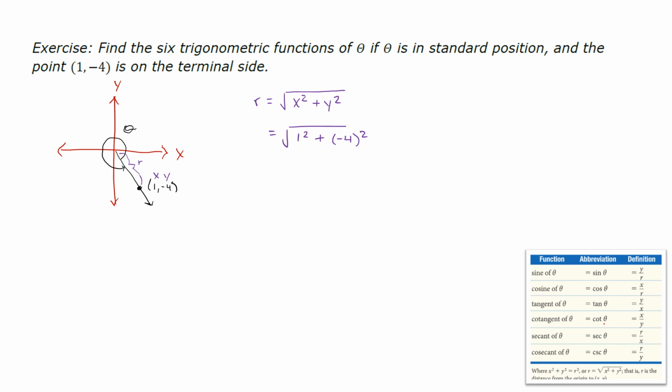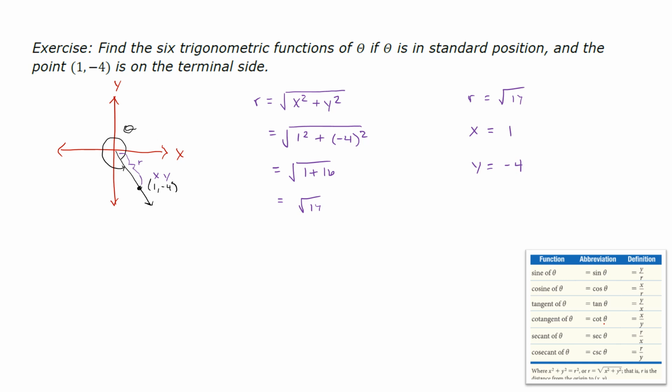If we simplify, we have 1 plus 16, which simplifies to the square root of 17. So we have r equals the square root of 17, x is 1, and y is -4.